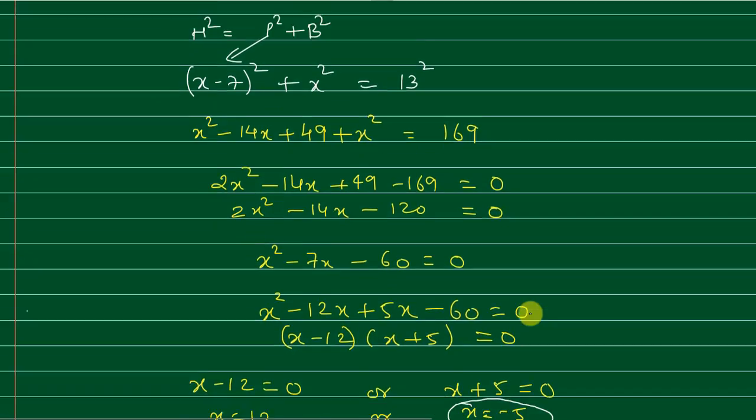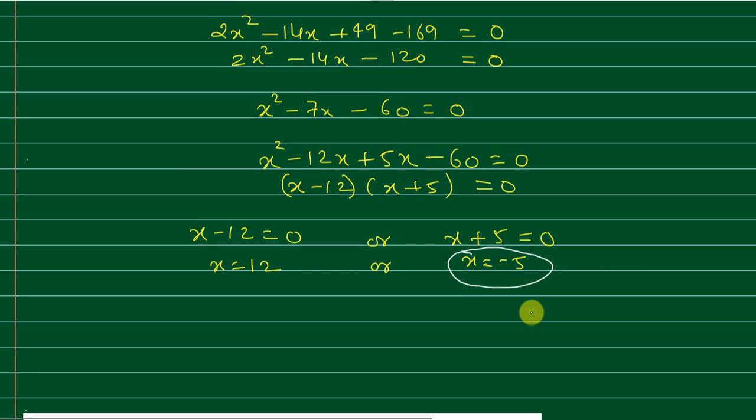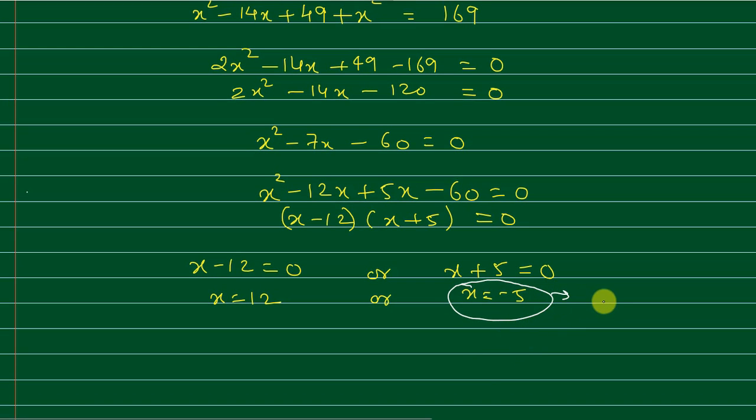Length means distance, so distance cannot be negative. So we have to neglect this, we have to discard this. So what we have to accept, x is equal to 12, that is base is 12 and altitude would be x minus 7, that is 12 minus 7, which is equal to 5 centimeter.